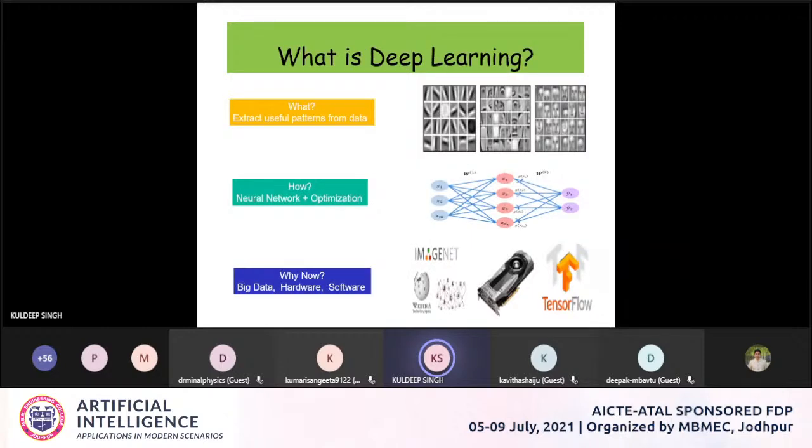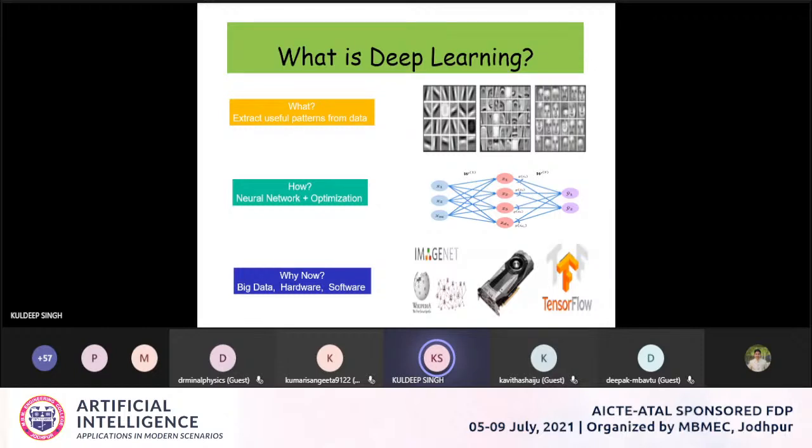So what is basically deep learning? It extracts meaningful information or patterns from the underlying data. Deep learning is inspired by the human brain. The way information is processed in a hierarchical manner by our human brain, the concept of deep learning is also similar.